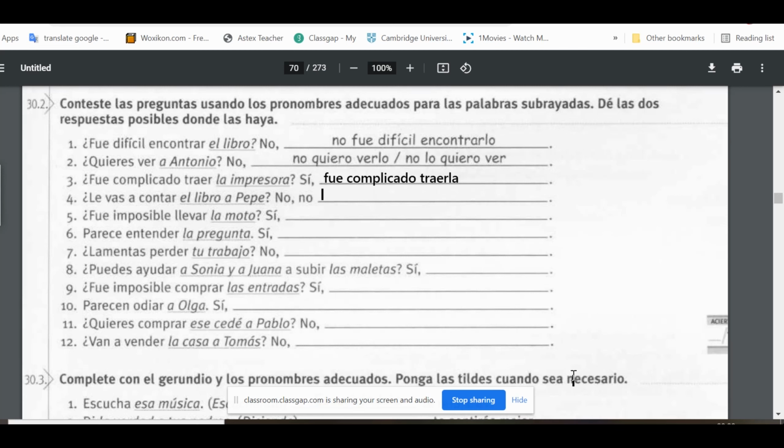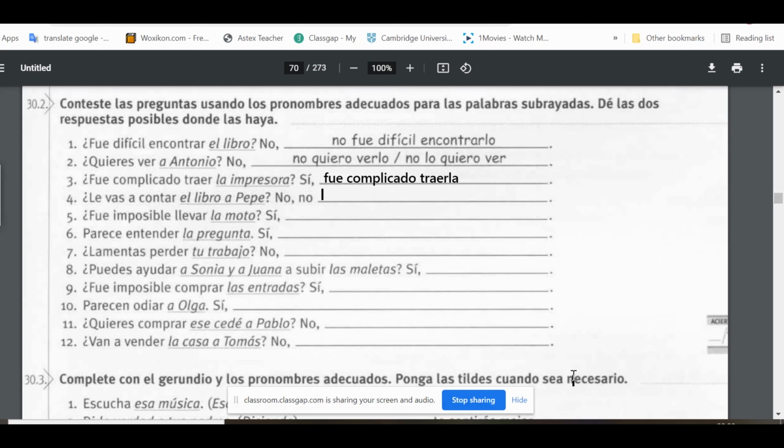So, le vas a contar el libro a Pepe. Remember, you are answering the question. So now it's going to be, I am not going.